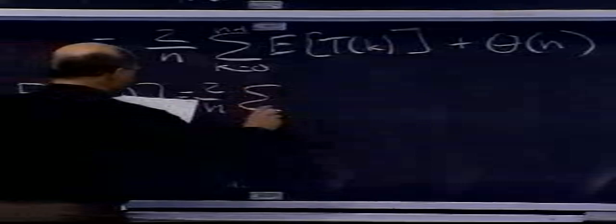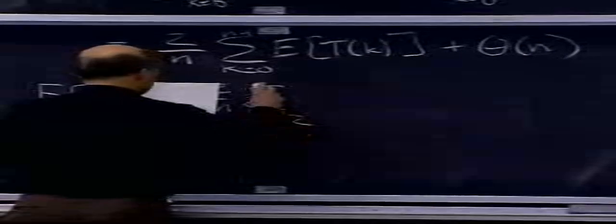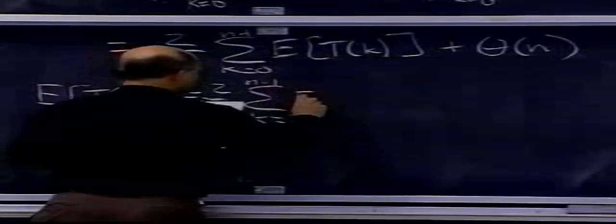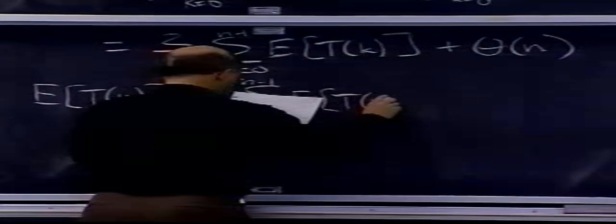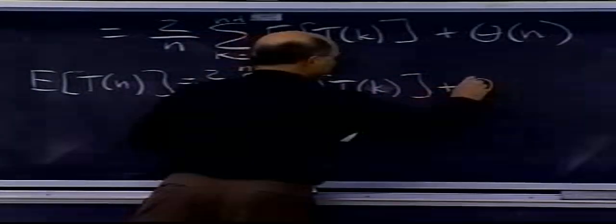Now, this is a hairy recurrence. We're going to simplify it a little bit, and the one we're actually going to solve is the expectation of T of n equals 2 over n times the summation of k equals 2 to n minus 1 of the expectation of T of k, plus theta n.